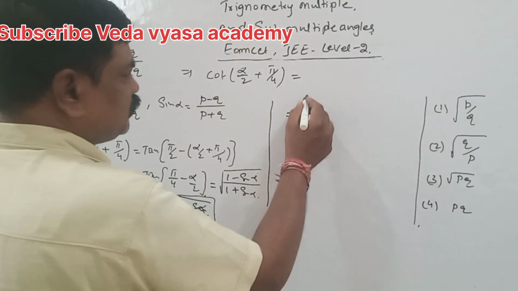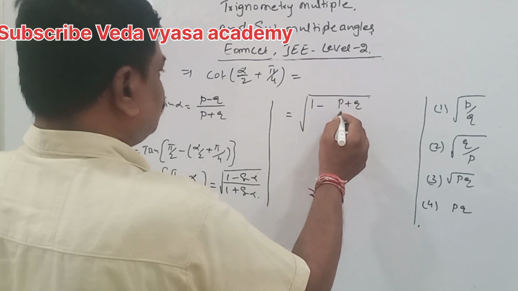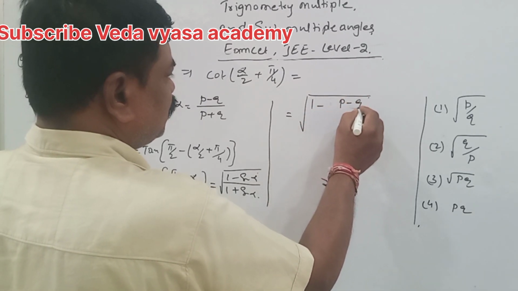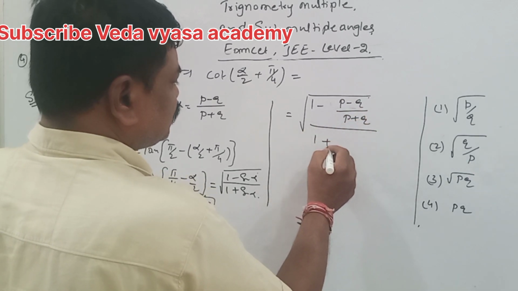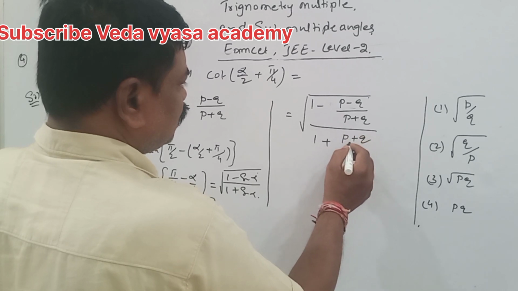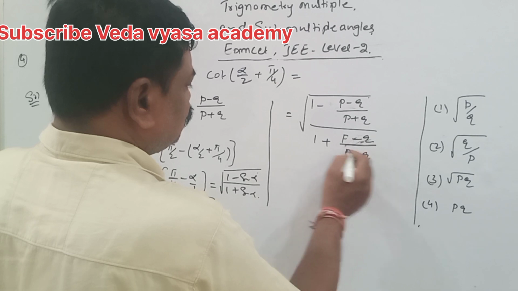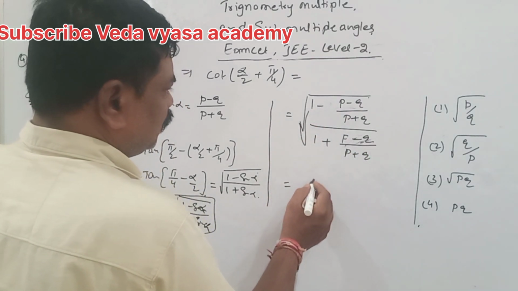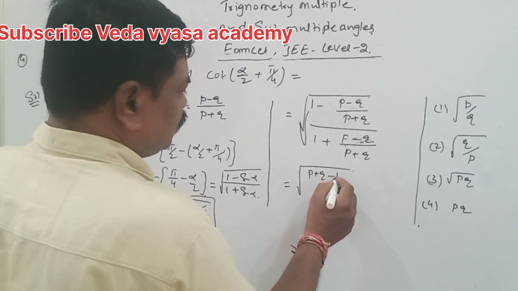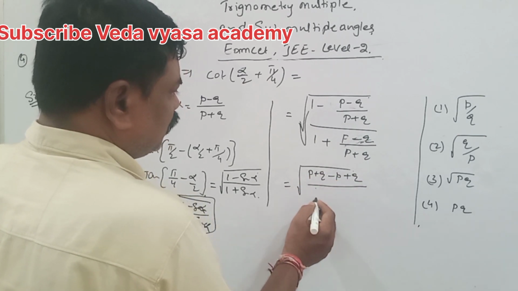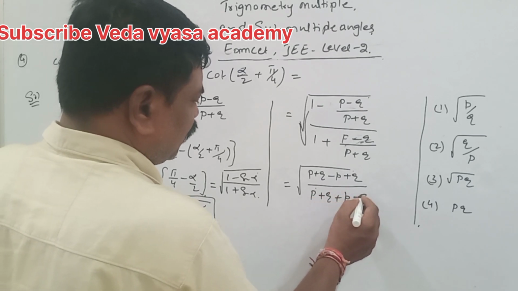So you have to substitute here: root over (1 minus (p minus q) by (p plus q)) by (1 plus (p minus q) by (p plus q)), equal to numerator (p plus q minus p plus q) by denominator (p plus q plus p minus q).